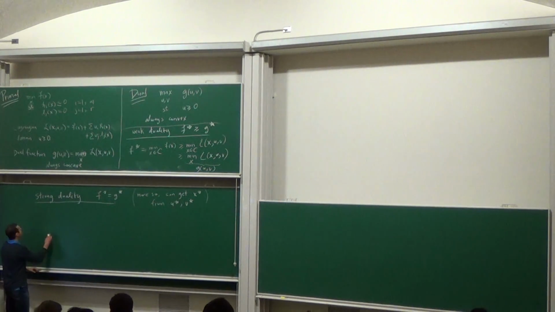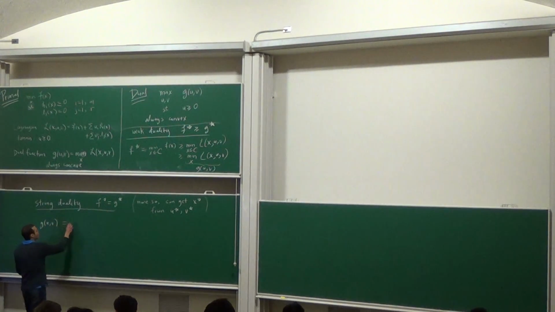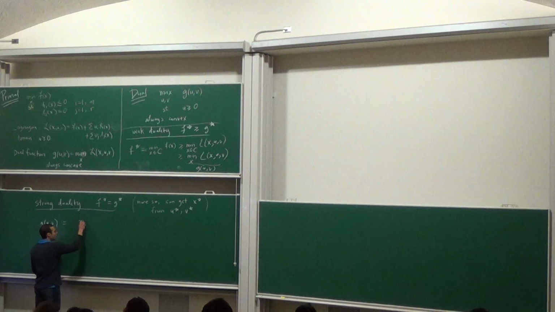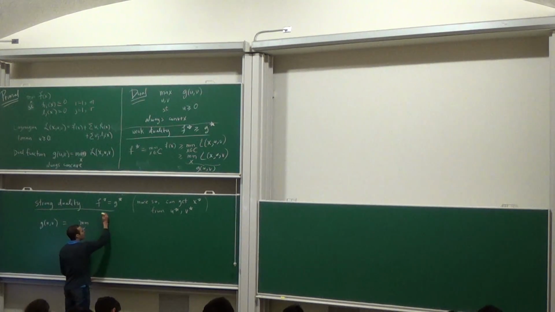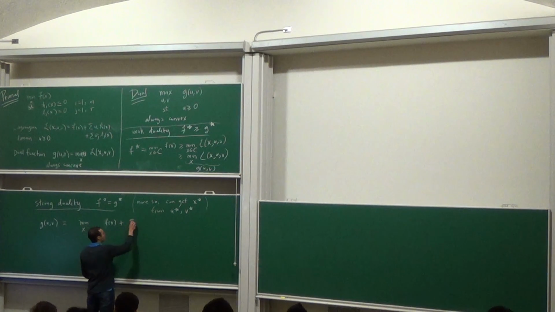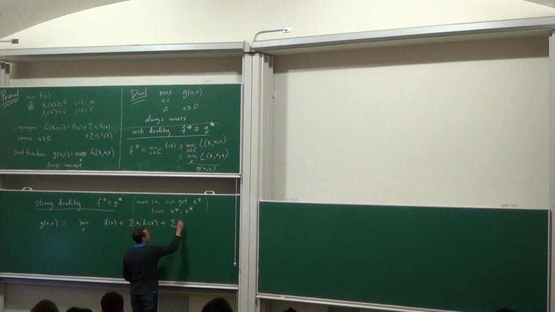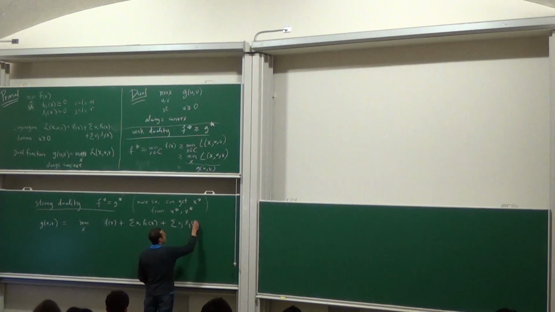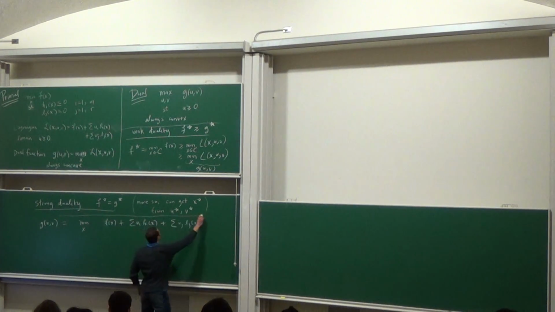So why is the dual function concave? Well, let's just take a second to stare at it. By definition, it's the minimum over all x, unconstrained, of L(x, u, v). Well, what's that? It's f of x plus the sum of u_i h_i of x plus the sum of v_j l_j of x.